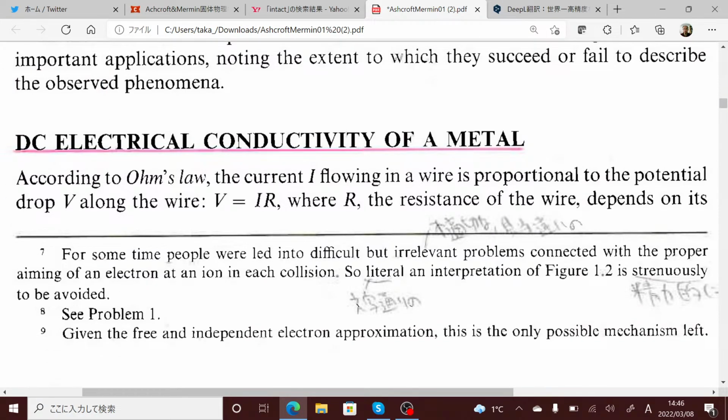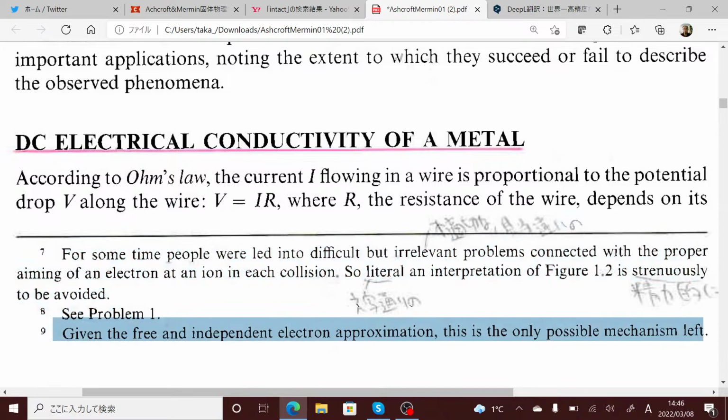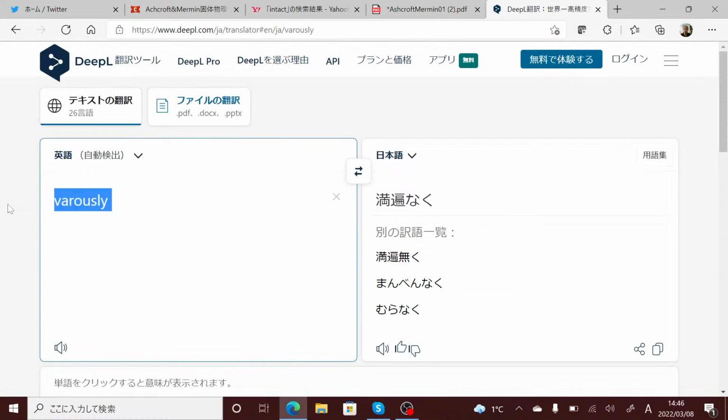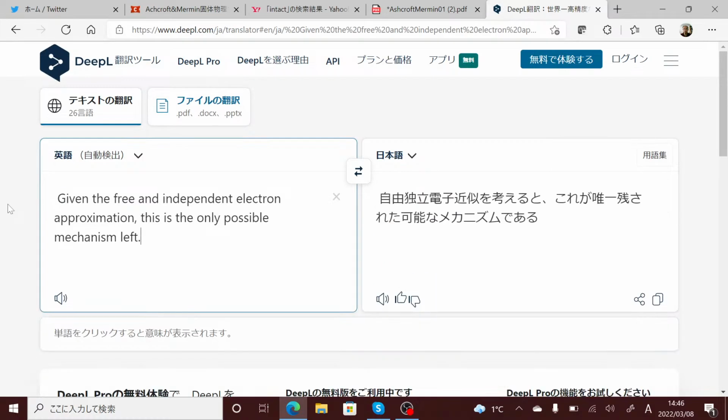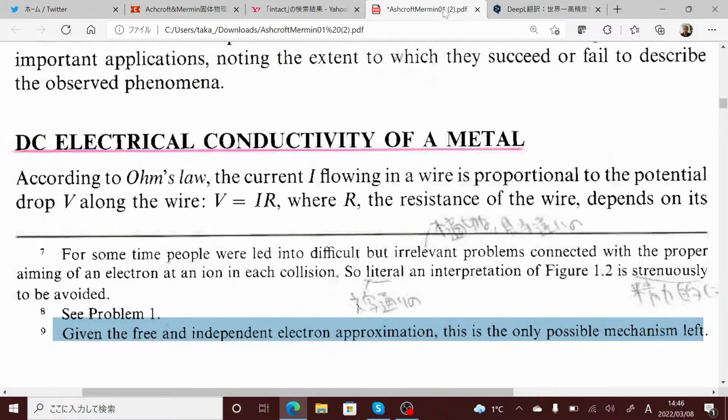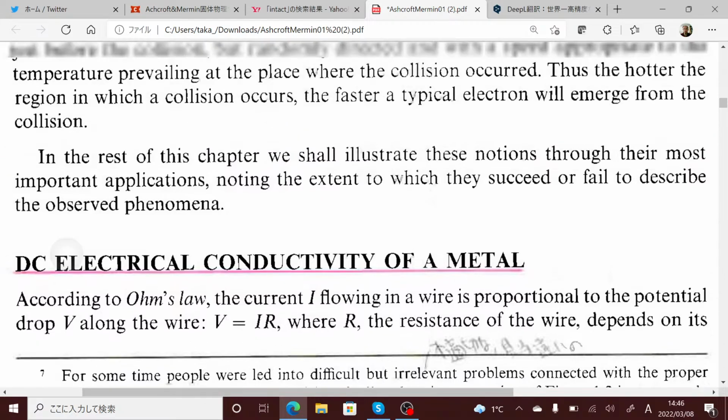Given the free and independent electron approximation, this is the only possible mechanism left.